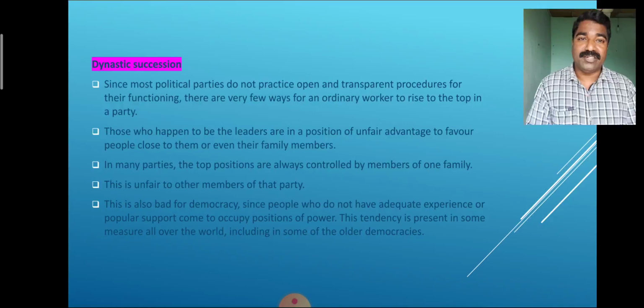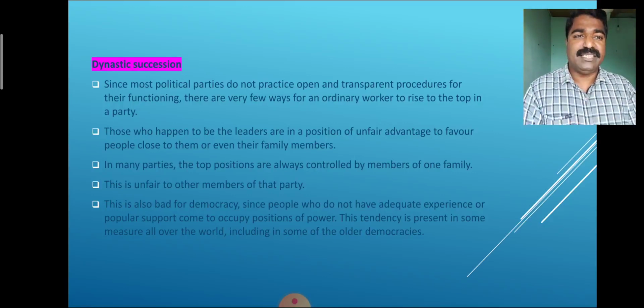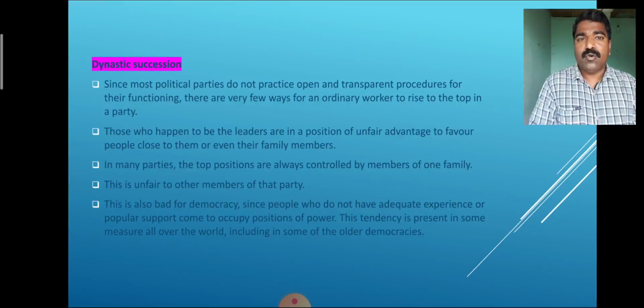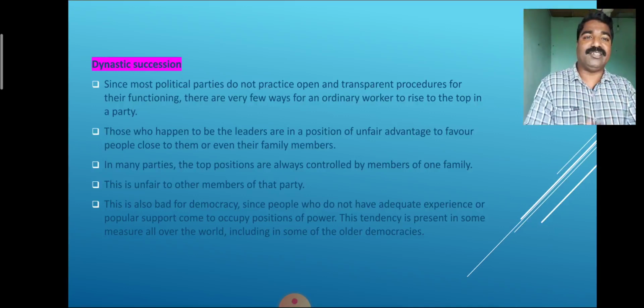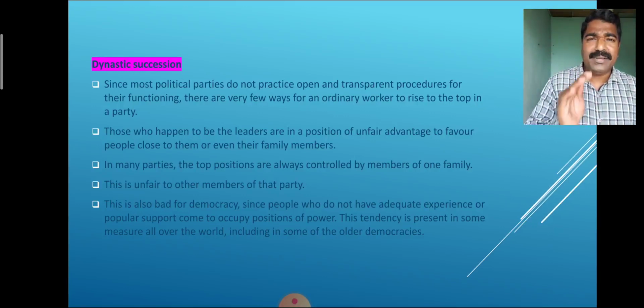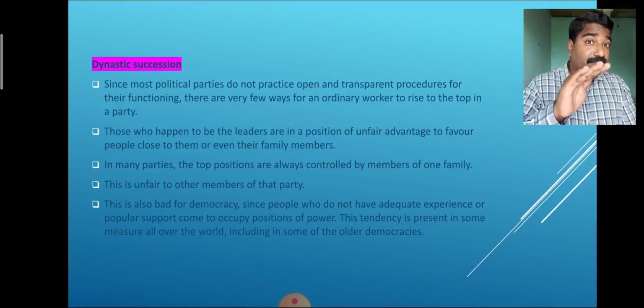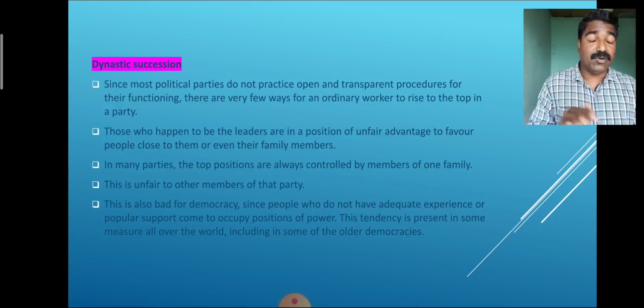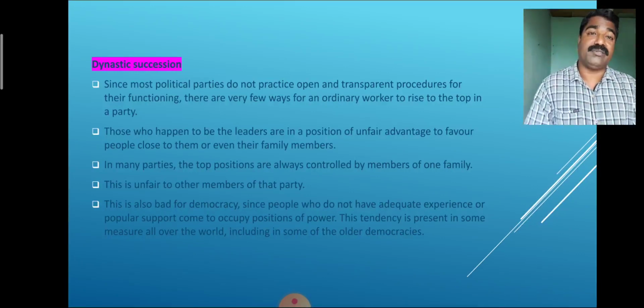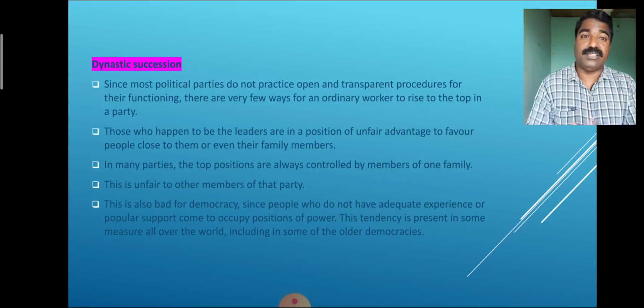That is not good for democracy. This tendency is present in some measure all over the world, including in some of the older democracies. This dynastic succession we can see in democracies everywhere. It is not in equal measure, but in different measure we can see it all over the world.